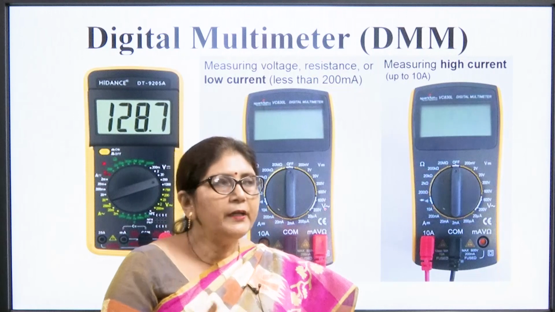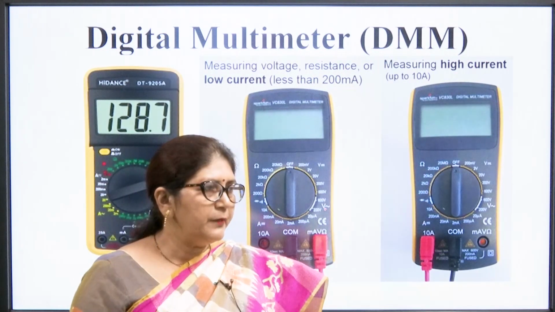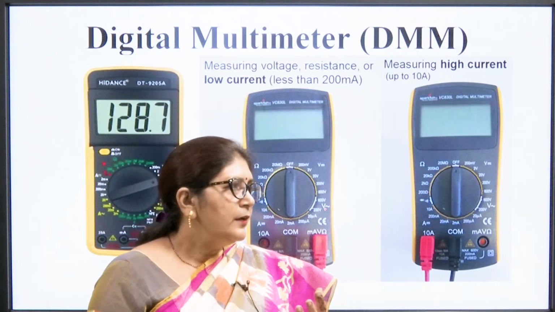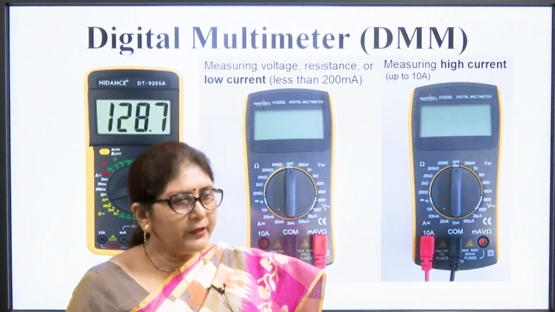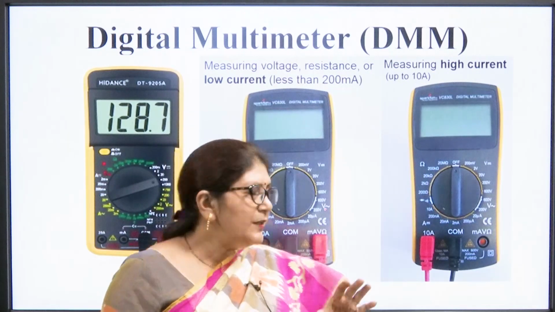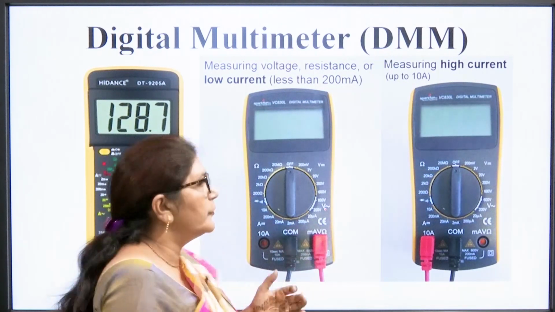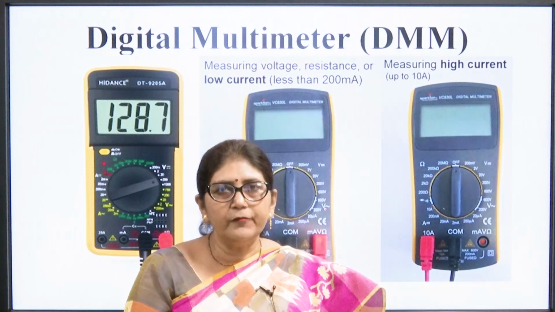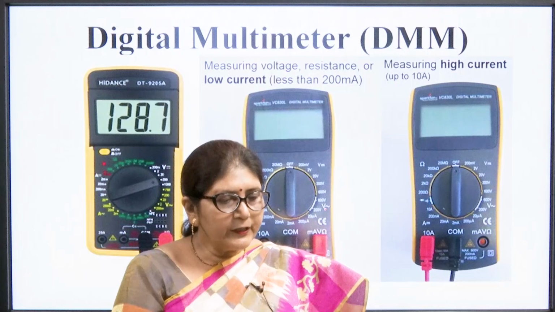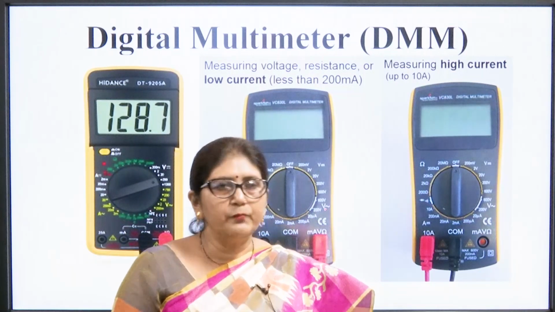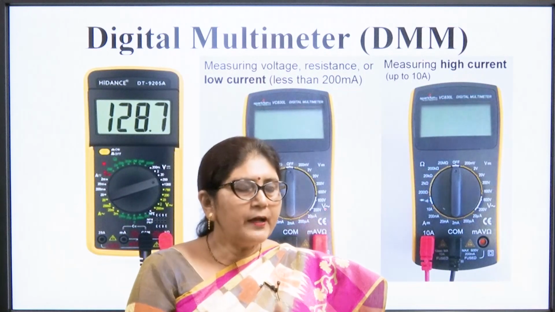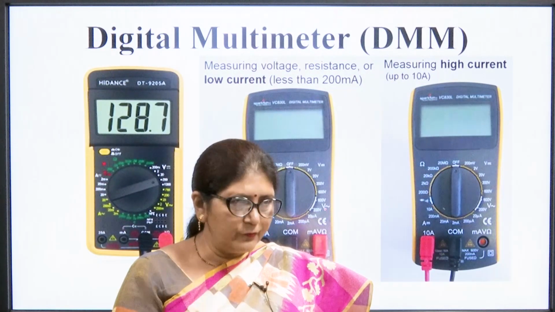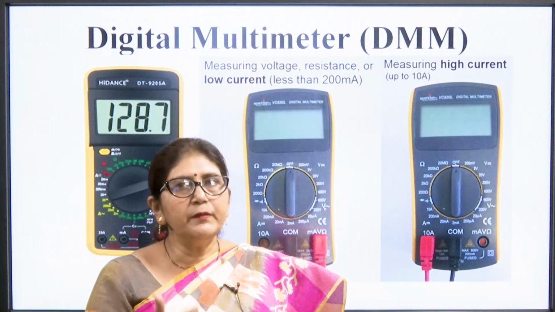Similarly, we have 4.5 digit multimeters, 5.5 digit multimeters, and nowadays there are multimeters which can represent the whole digit, that is, this digit also changes from 0 to 9. Multimeters having more digits will have high resolution, because they can measure the minimum quantity.